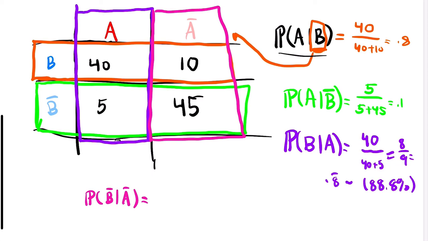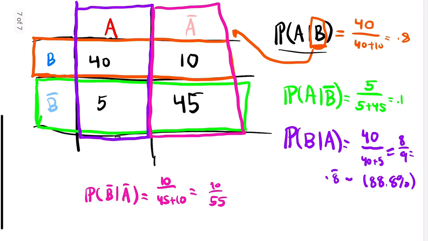So again, we're just looking at this pink column. This is 10 over 45 plus 10, which is equal to 10 over 55, which you can plug into a calculator. I could have picked the numbers better, but that's how you calculate that.